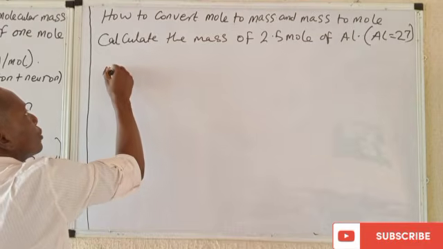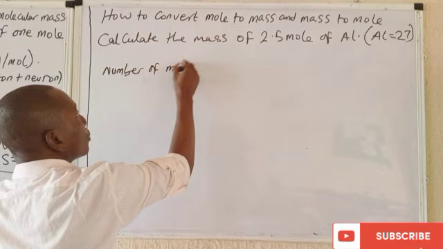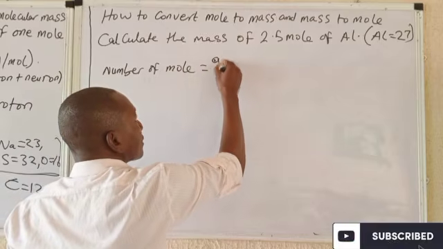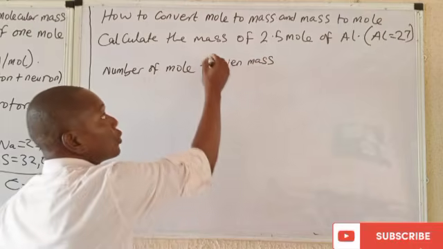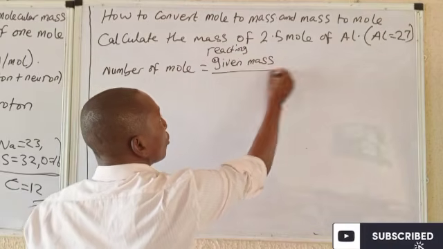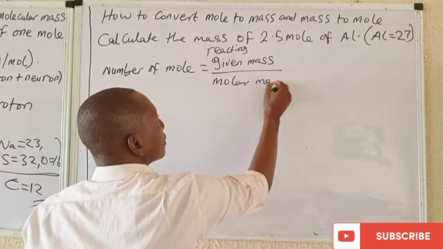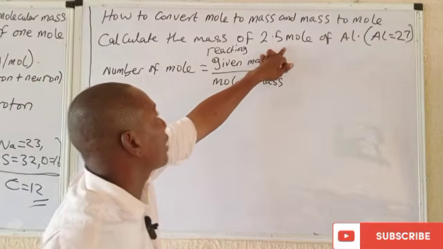The formula is number of mole is equal to given mass. Some textbooks will use the words reacting mass. The same thing, all over molar mass. In this case, the number of mole you are given is 2.5.